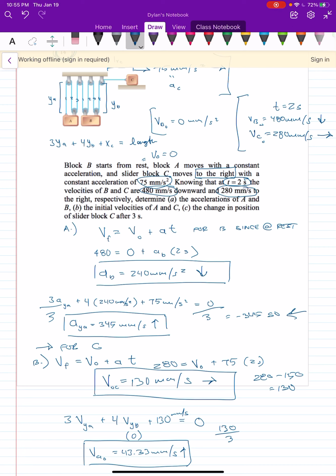I found the acceleration for block B using a kinematic equation.